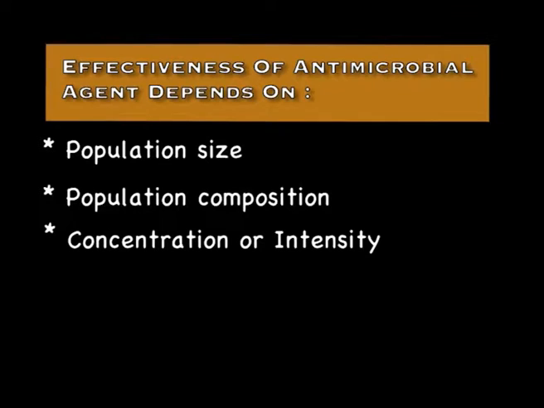The third factor on which the antimicrobial agent's efficiency depends is the concentration or intensity of the antimicrobial agent. We all know as we increase the concentration of an antimicrobial agent, its killing efficiency increases. But there are still certain exceptions.